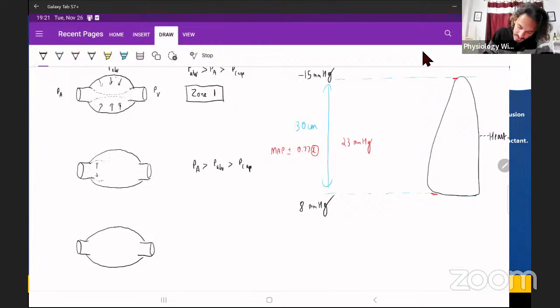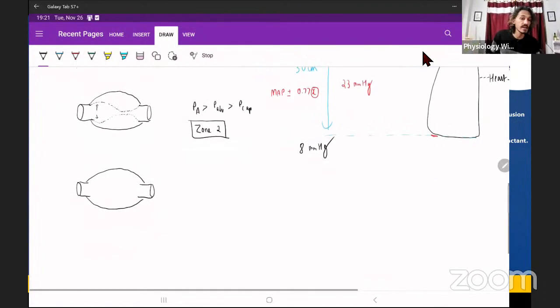And then since the capillary part, your alveolar pressure is higher, that will be collapsing. So there will be some areas where there's a collapse, some areas where there won't be a collapse. That kind of a zone is what is called zone 2.